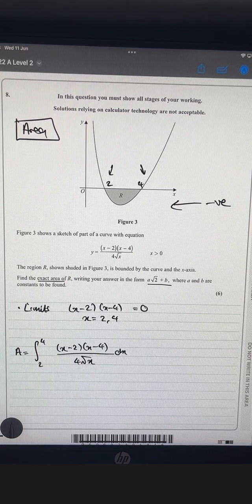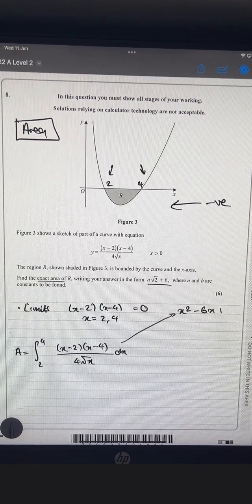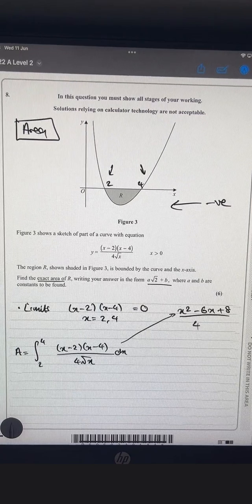So if I just expand out the top, I'm just going to do this up here. I get x squared minus 4x minus 2x, so it's minus 6x, plus 8 over 4, and what is square root of x as a power? x to the half.